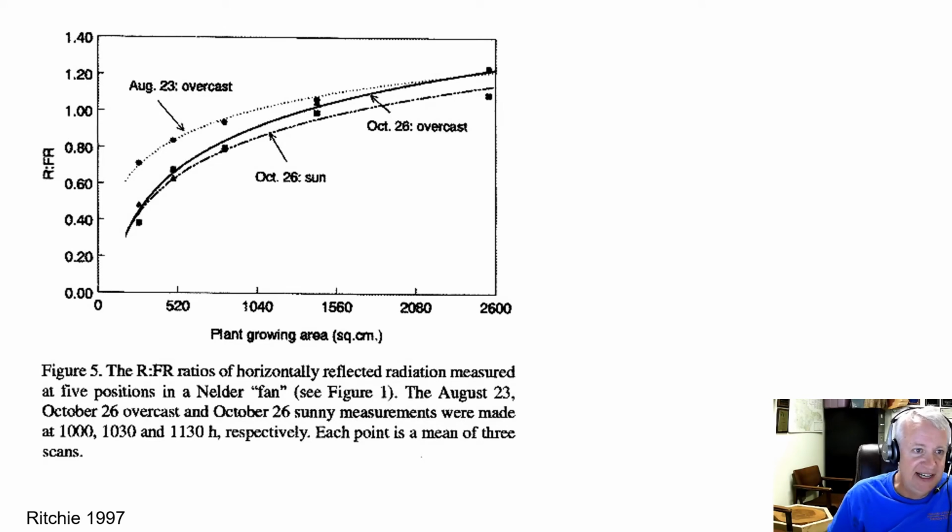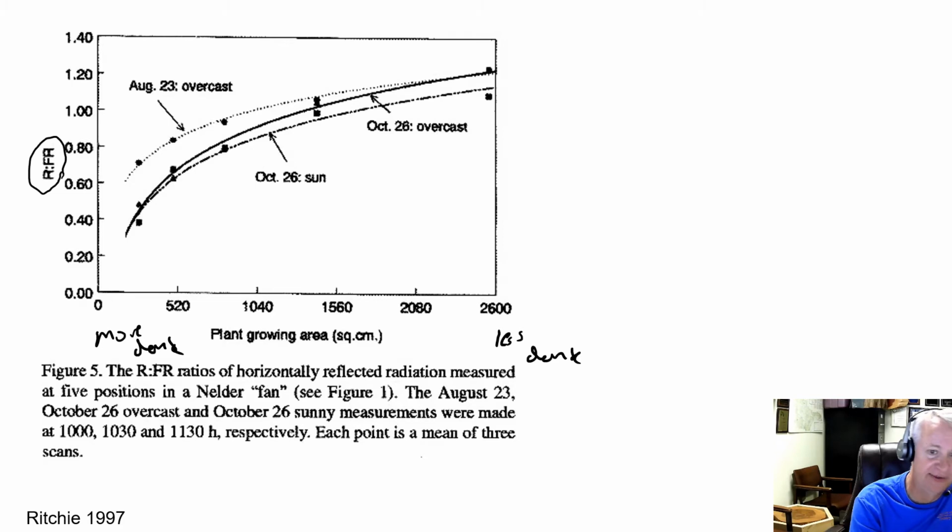And what Ritchie did was, across that same gradient, again, this is less dense and more dense, he measured the red to far red ratio at each of those locations. So this is the ratio of red light to far red light.